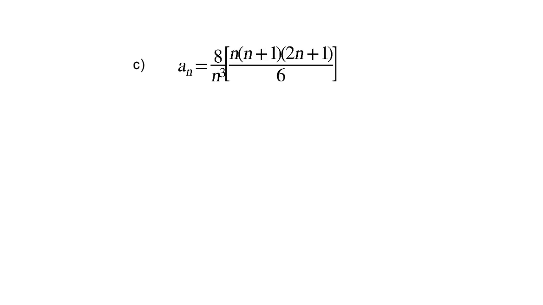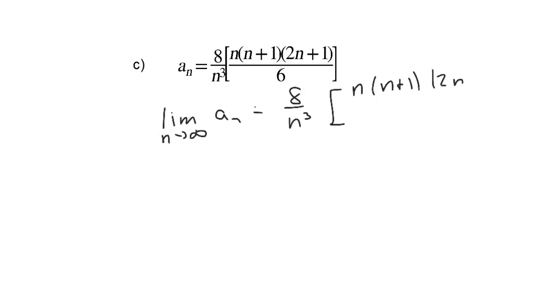Again, pause the video and work this one through. Find the limit of a sub n as n approaches infinity. And you will find that to evaluate this, a sub n equals 8 over n cubed times n plus 1 times 2n plus 1 over 6.